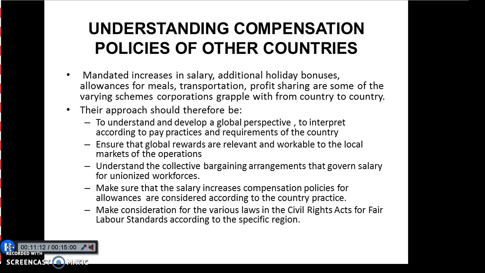So their approach should be then to understand and develop a global perspective, to interpret according to pay practices and requirements of the country, to ensure that global rewards are relevant and workable to the local markets of the operation, to understand the collective bargaining arrangements that govern salaries for unionized workforces, to make sure that the salary increases and compensation policies for allowances are considered according to the country's practice, and then to make consideration for the various laws in the Civil Rights Act for fair labor standards according to the specific region.